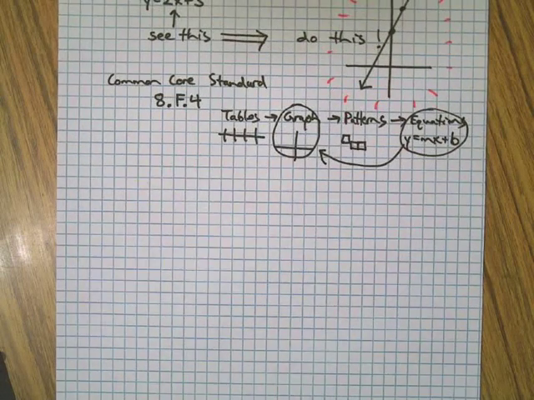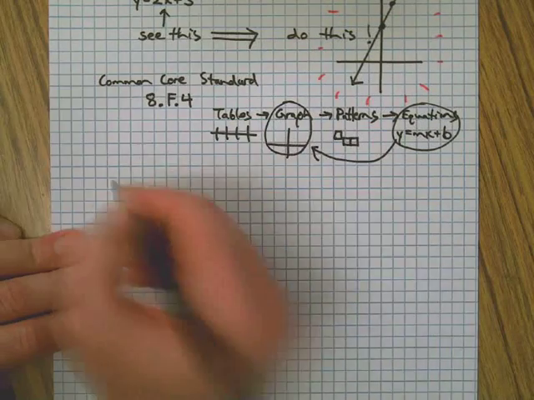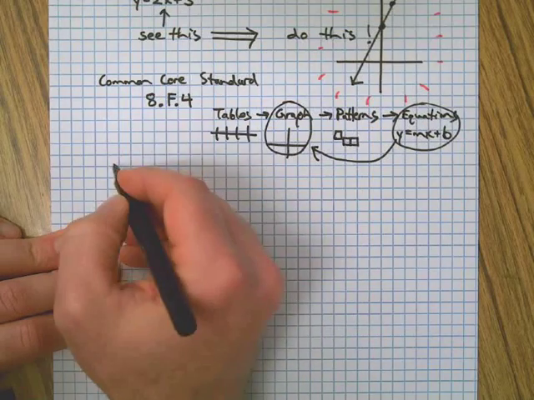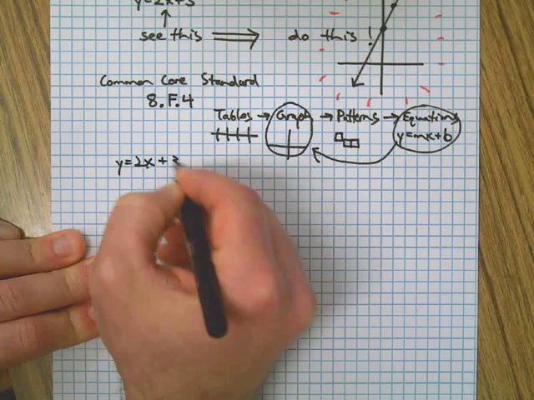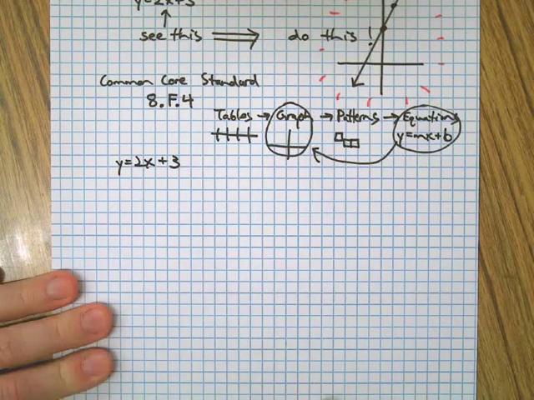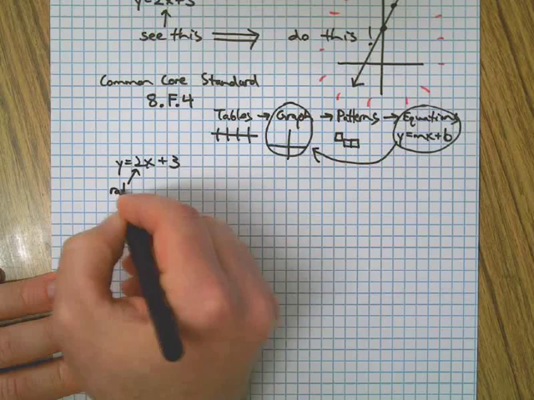Today we're just going to focus on one. Here's how you do it. Let's take our example equation from up above: 2x plus 3. You know that the 2 represents the rate of change.